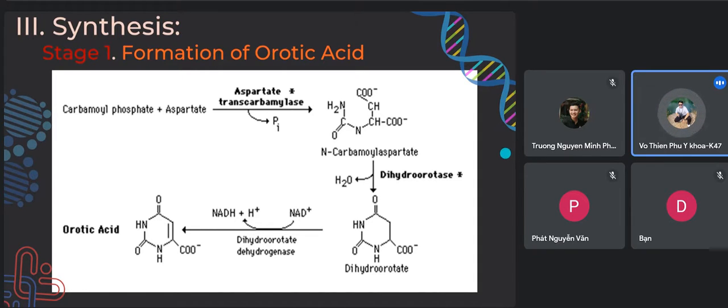Oxidation of the ring by a poorly understood enzyme produces the free pyrimidine orotic acid. This enzyme is located on the outer face of the inner mitochondrial membrane, in contrast to the other enzymes, which are cytosolic. Note the contrast with purine synthesis, in which a nucleotide is formed first, while pyrimidines are first synthesized as a free base.